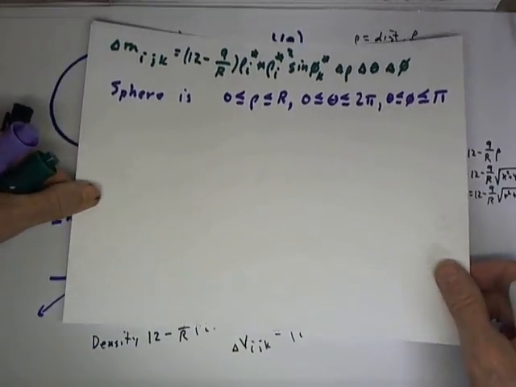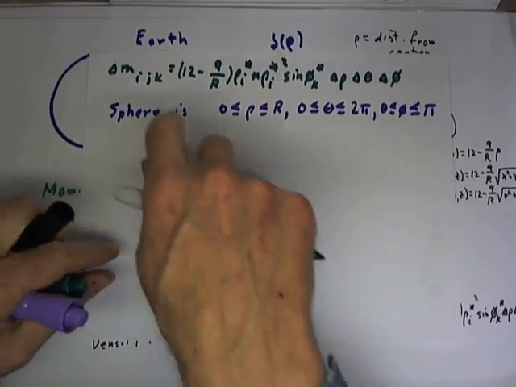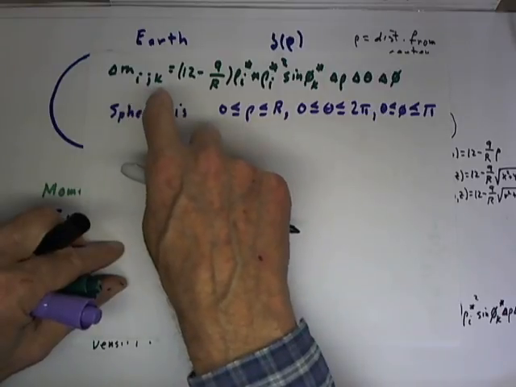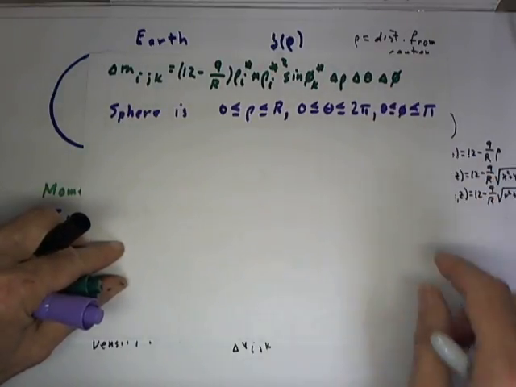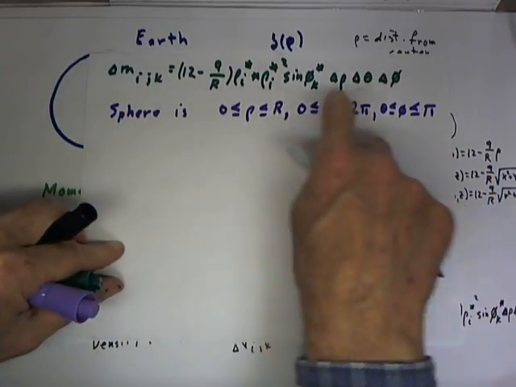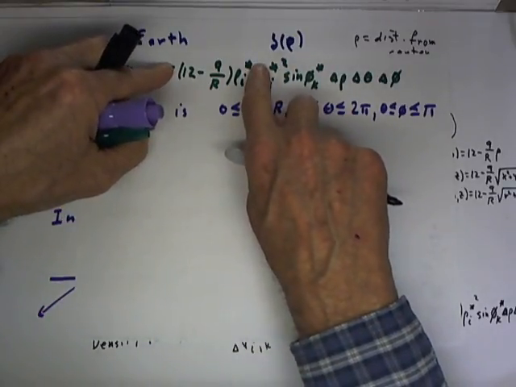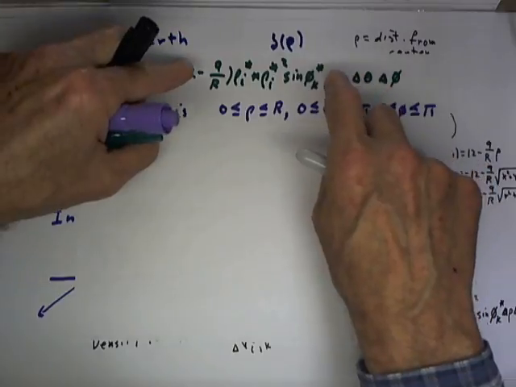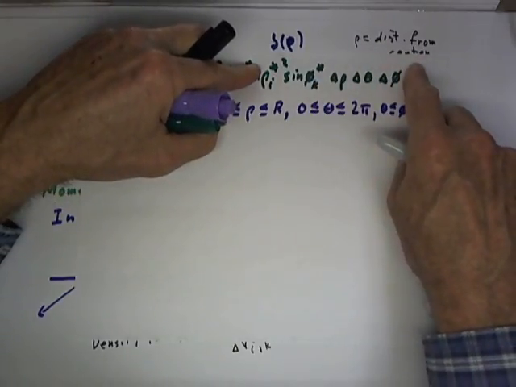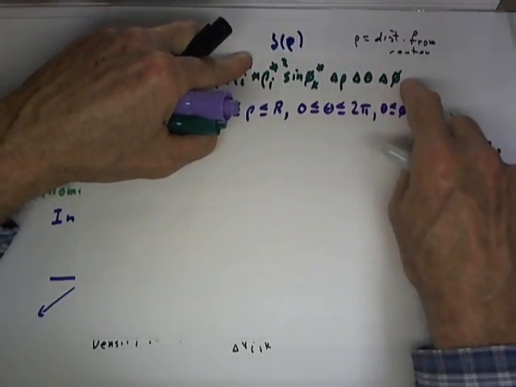Our information can therefore be summarized. Our delta M ijk is the expression we obtained previously, just our density at the ijk sample point times the volume increment at the ijk sample point.